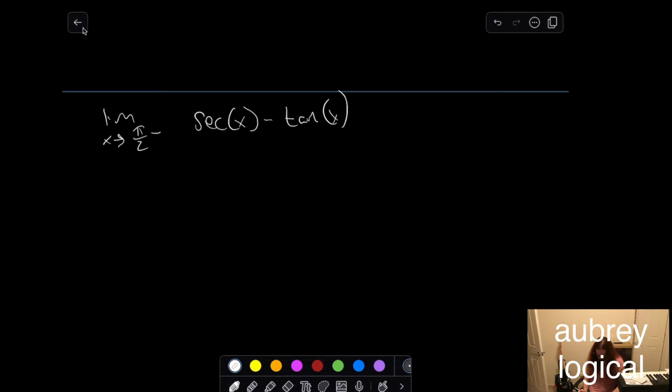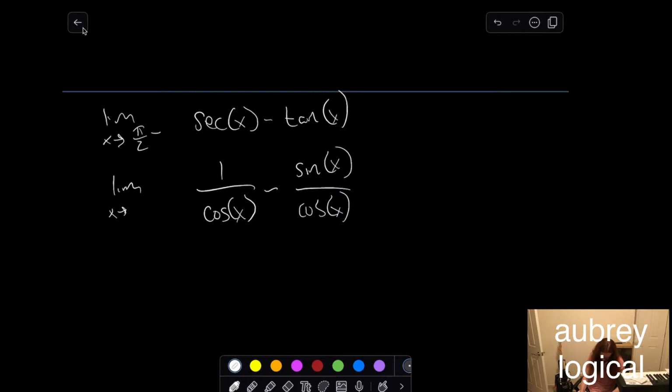Okay. So what we can do here is we can start by rewriting these functions as sine and cosine. And now we can rewrite this as one function, or one fraction, rather. Now we can do L'Hopital.